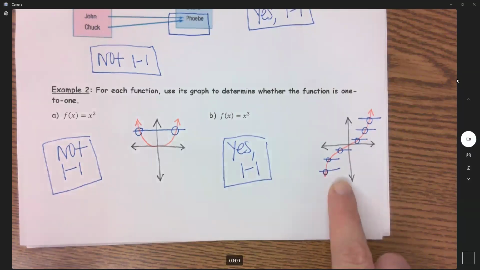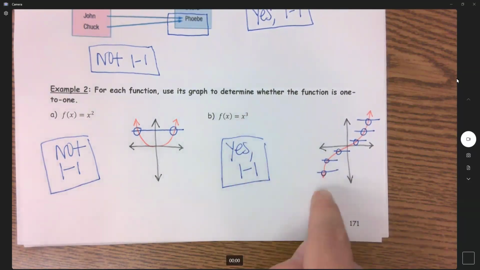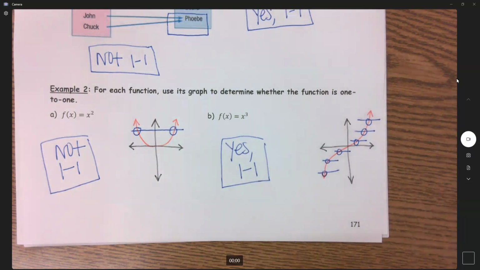But again, if you don't know what these graphs look like, put them in your graphing calculator. And I also want to make a note of this one, that just because x cubed is a one-to-one function, not every cubic is a one-to-one function, right? So sometimes, let me get another little sticky note right here real quick.